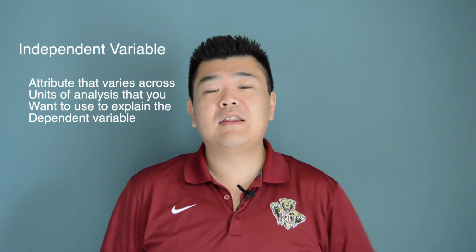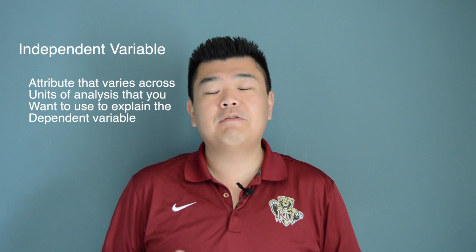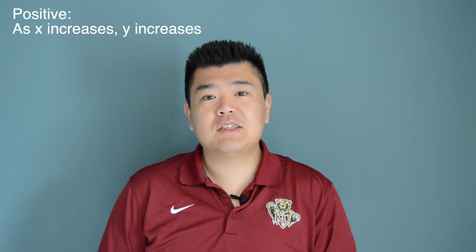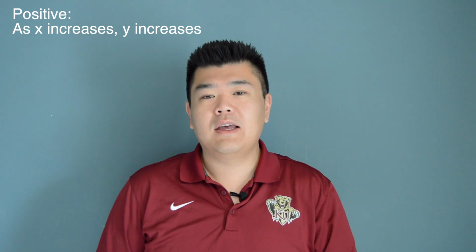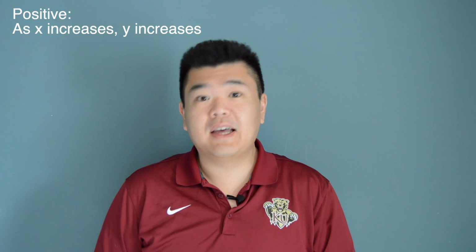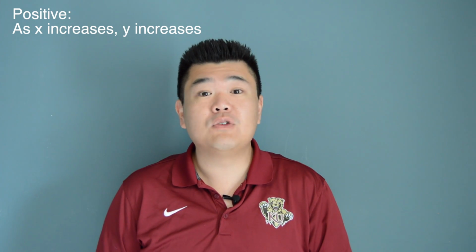And then, of course, we can think about the direction that relationship might flow in. The two most common specifications for relationships would be positive and negative. So one way we might say it is that as the values of x increase, we would expect the values of y to also increase for our units of analysis. An intuitive example might be something like, as the number of study hours increase, grades in a class should also increase for students in the class.